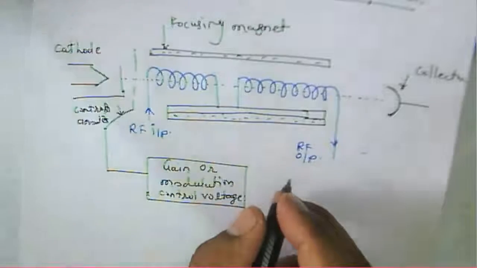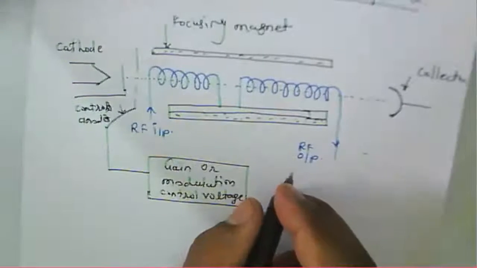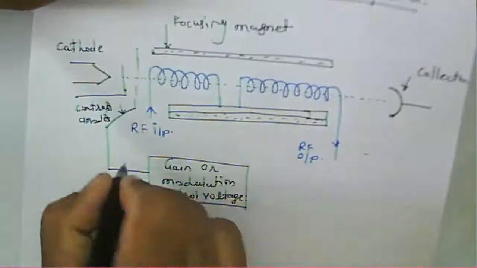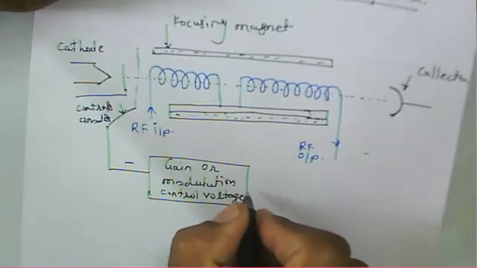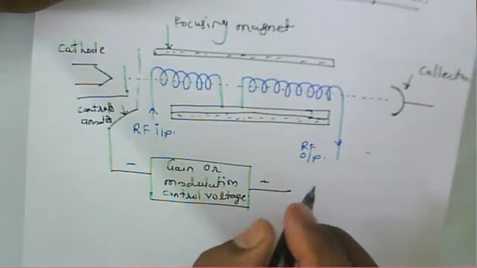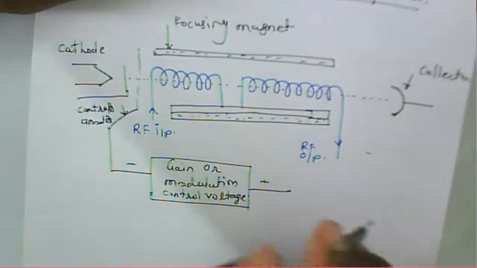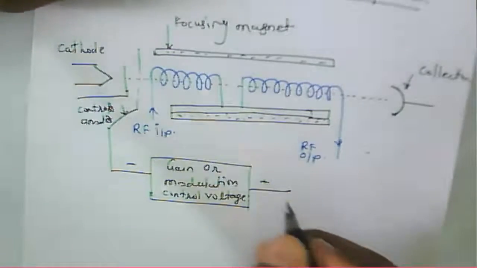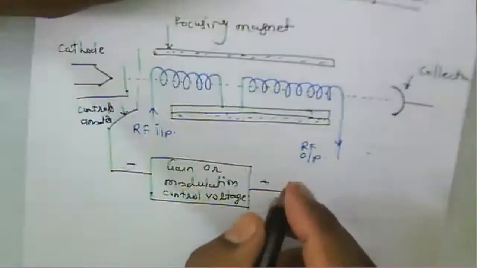We can consider the supply and all, so that is used for the gain modulation.